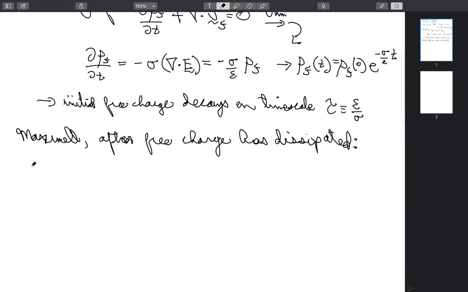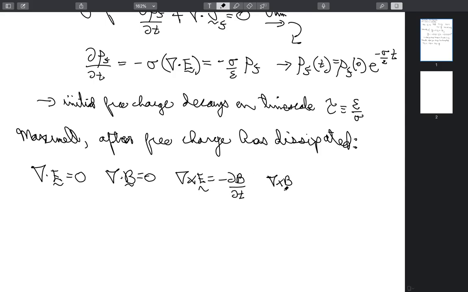So we just get div E becomes 0, div B is still equal to 0, the curl of E is still minus dB dt, and the curl of B is just as above, mu sigma E plus mu epsilon dE dt.